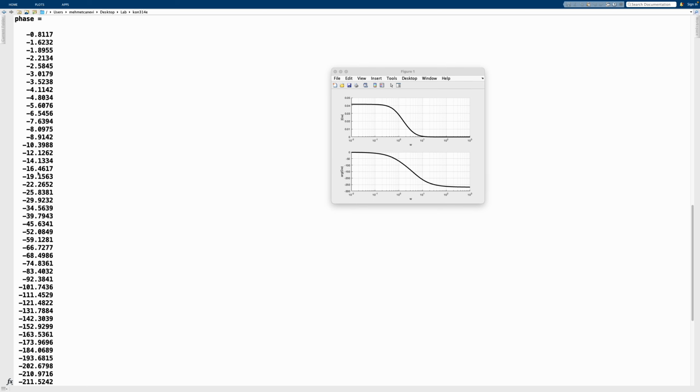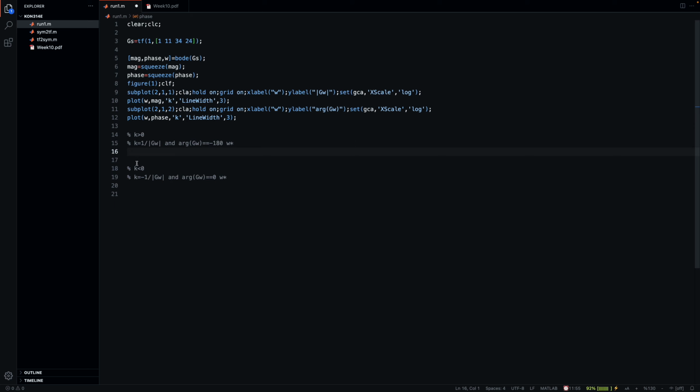We can fix this, but you might not hit the target when you're looking for minus 180 degrees. As you can see here, there is no exact value of minus 180 degrees. So I'm going to look for the closest one, and that should be enough for me.